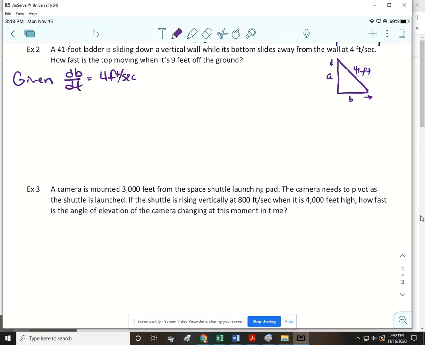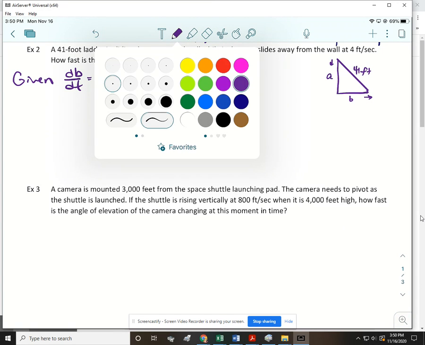Because the B distance is getting larger, that is a positive rate. If someone was pushing it up against the wall and the B distance was getting smaller, we would have a negative rate.